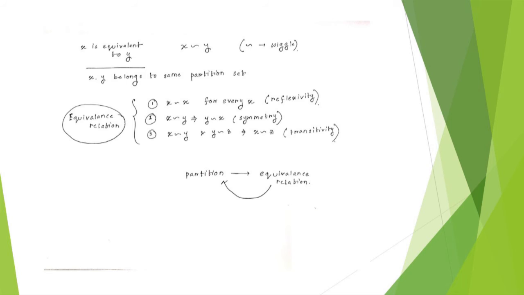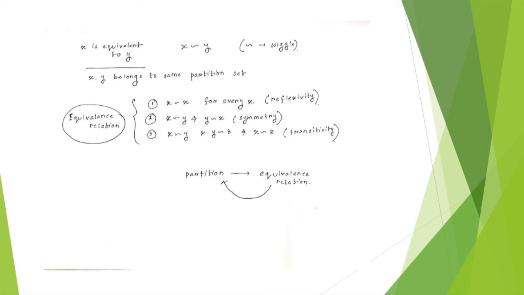We say that small x is equivalent to small y, and we write x wiggle y, if x and y belong to the same partition set. So whenever x and y belong to the same partition set, we write x wiggle y.